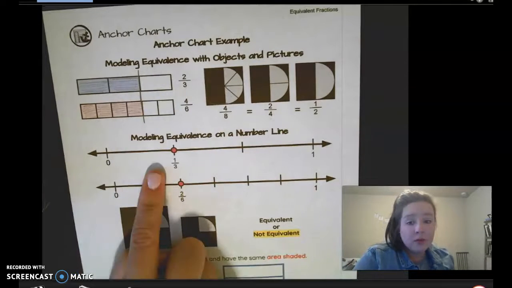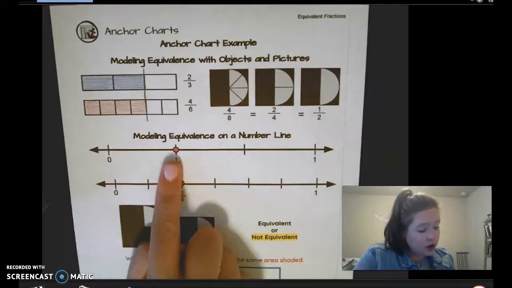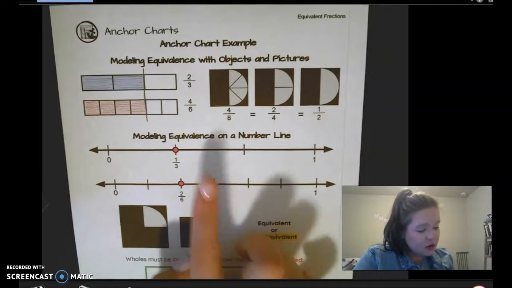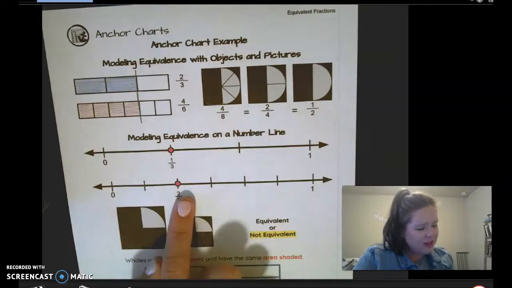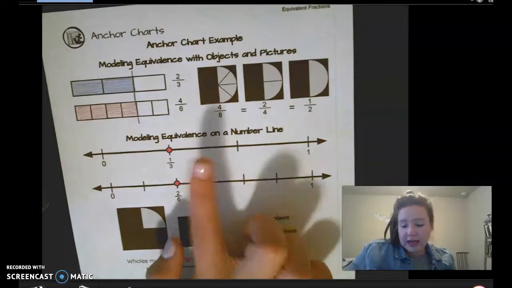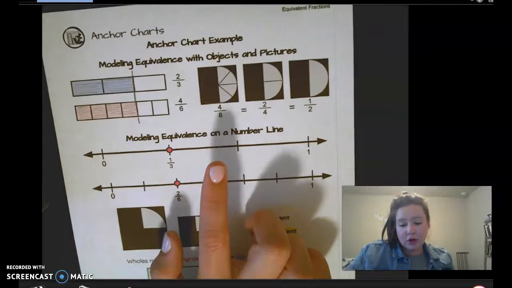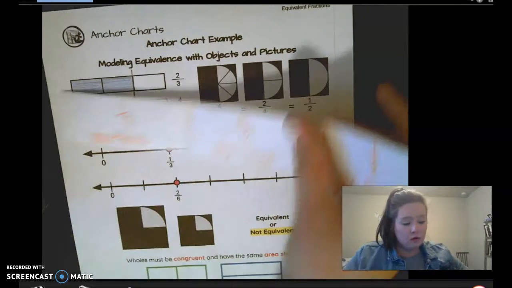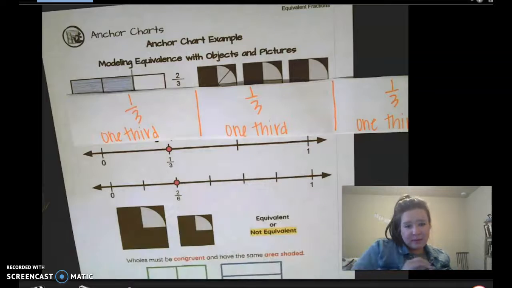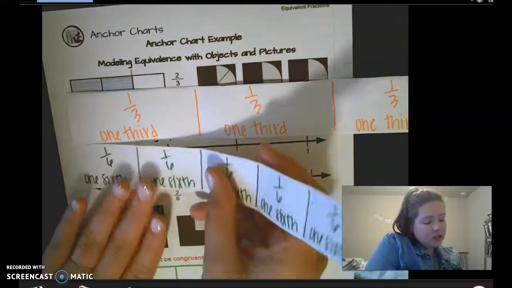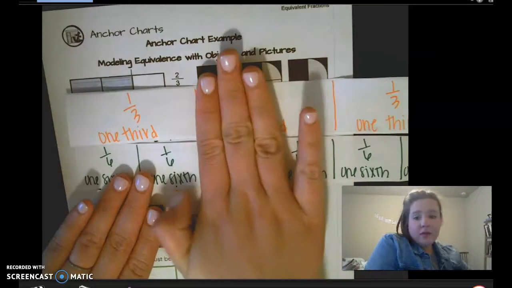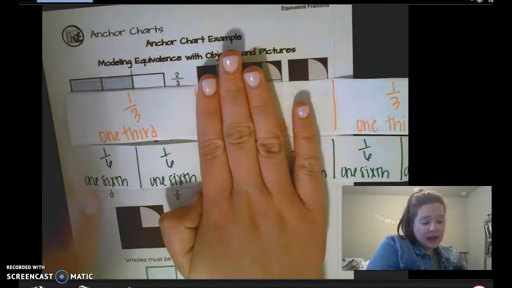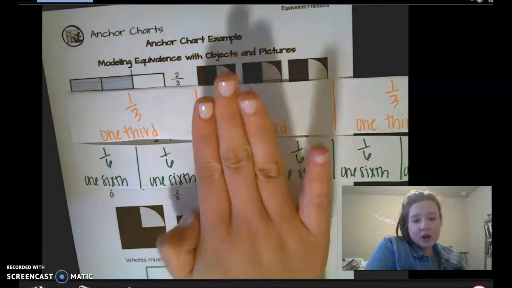Same here. 1/3 and 2/6. Those are going to be equivalent. That number line came out a little crooked when I printed it, but I can show you here that 1/3 and 2/6 are the same size.